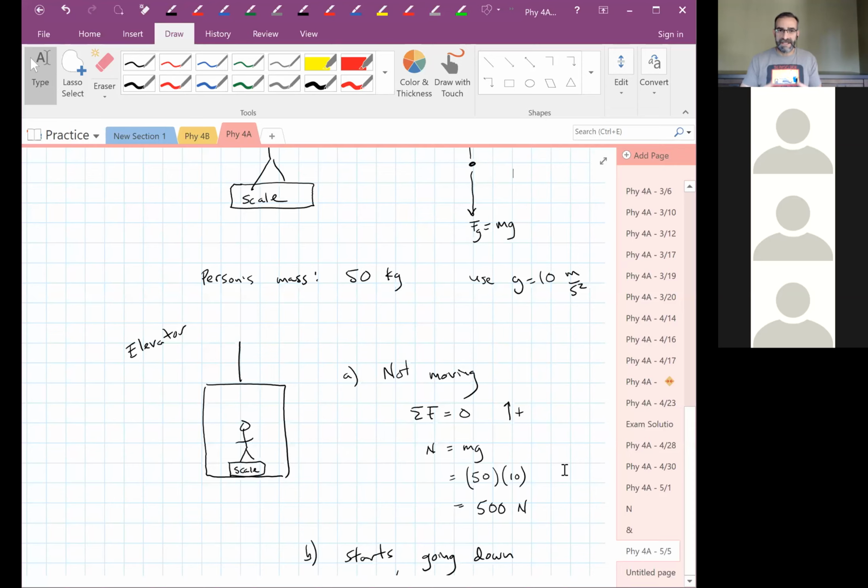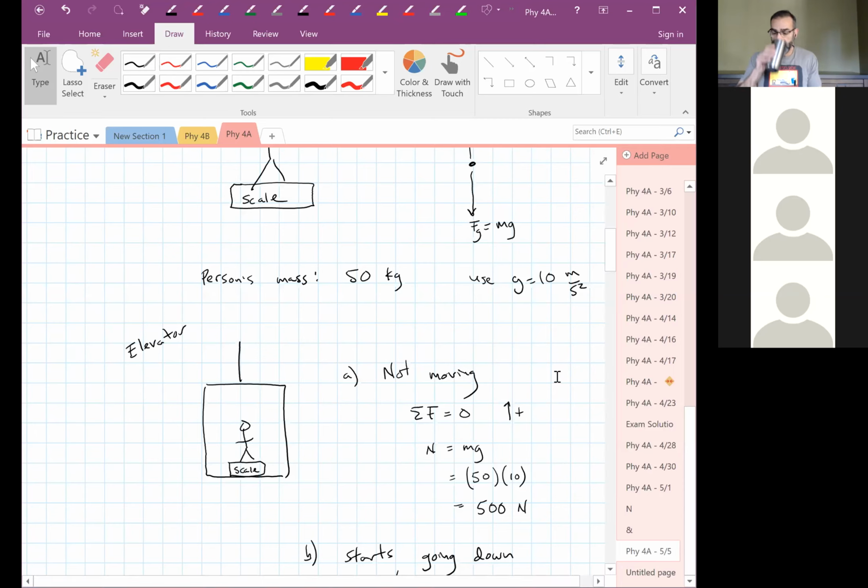Going over a bump or a dip in the road, same thing, right? Going over the top of the bump, the car and the body want to keep going up, so you feel lighter going over the top of that hill, and when you go down through a valley, you feel heavier in that dip in the road.